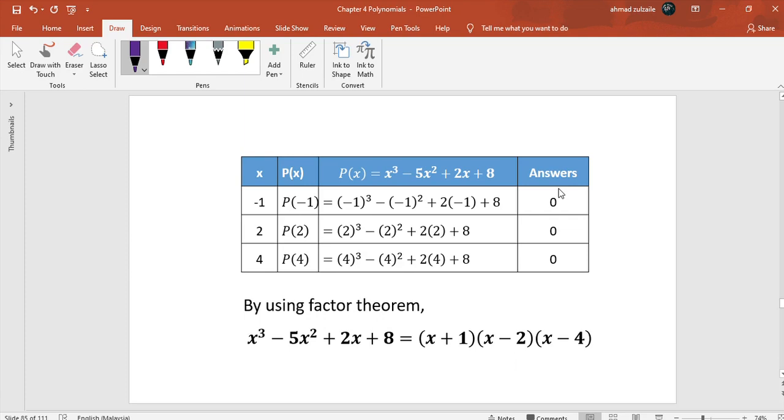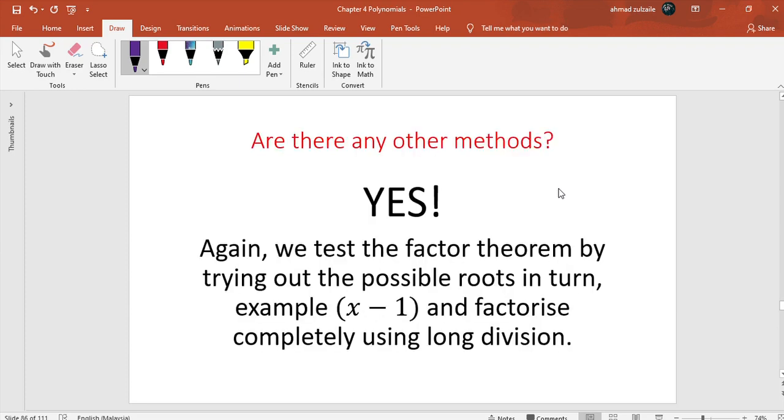So meaning that you have to try and error. So I have a tip on how to determine the value. It's very easy actually. We test the factor theorem by trying out the possible roots in turn. You can choose any number. Let's say we start with x minus 1 and factorize completely using long division.